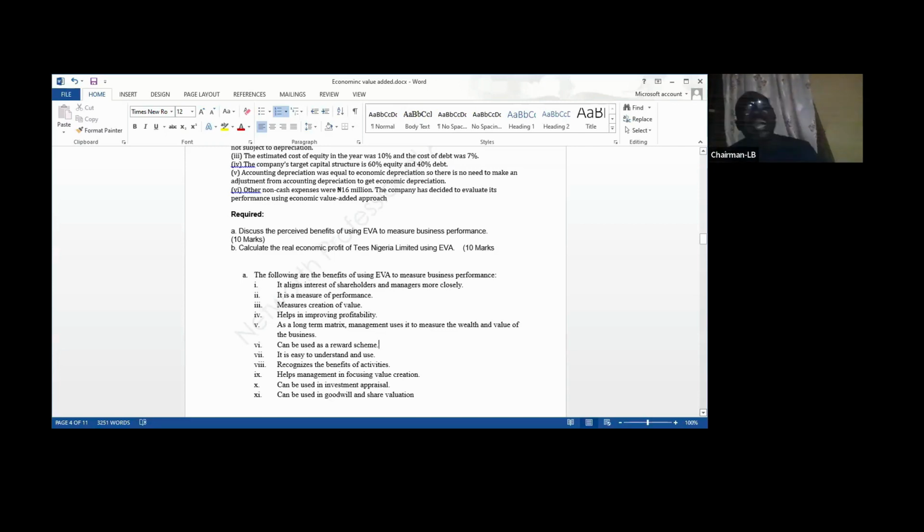Yes, it's easier with accounting profits. You make provision for what has not happened. You can increase provision to reduce your profit. You can do it deliberately. You can deliberately increase some provisions, and that will reduce your profits. But when you are talking of EVA, it's a measure of value, cash.